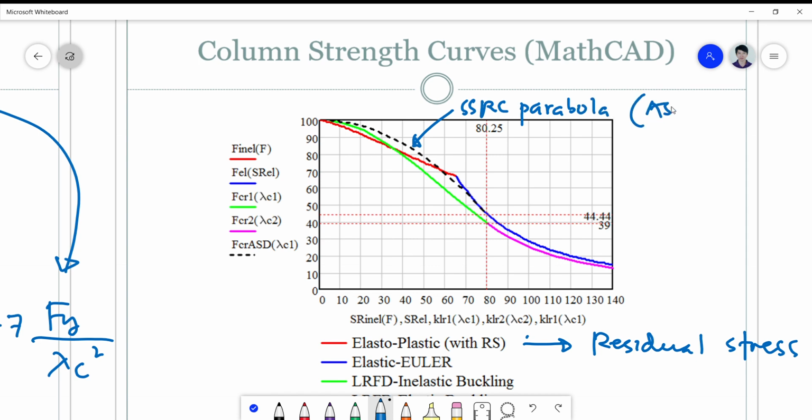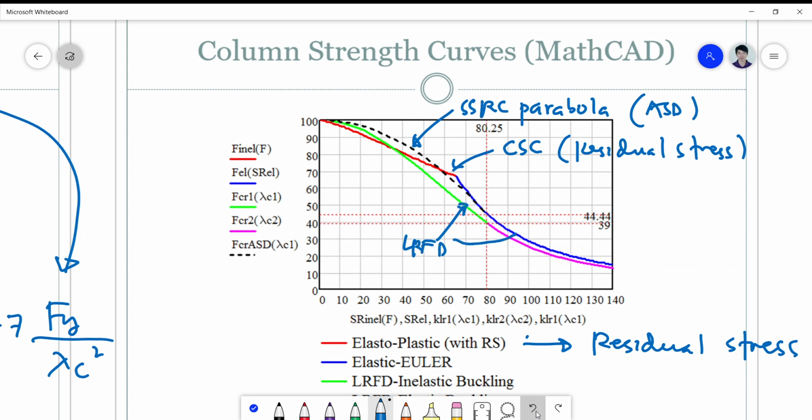Okay, and this red here is actually the column strength curve using the residual stress, and you see down here the LRFD equations. Okay, the pink and the green are the LRFD, and this is the Euler curve.